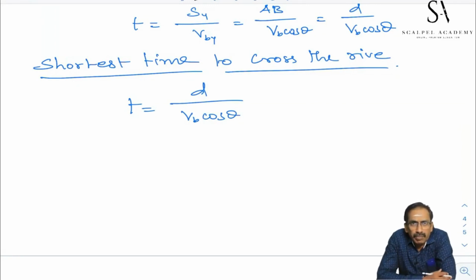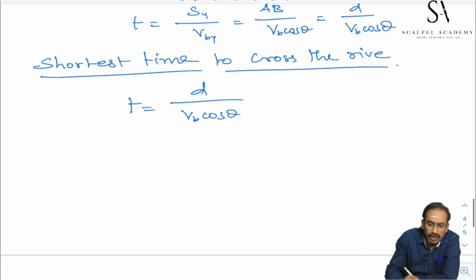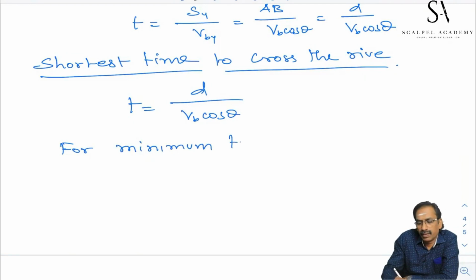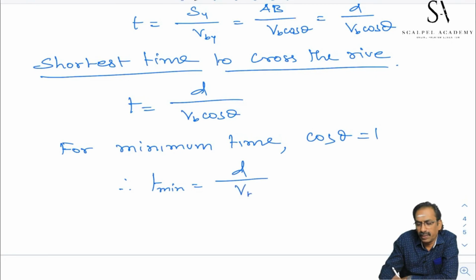For time to be minimum, cos theta must be maximum. For minimum time, cos theta must be equal to 1. Therefore, T minimum is equal to d by Vb.